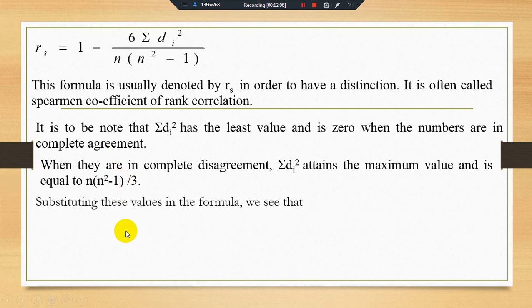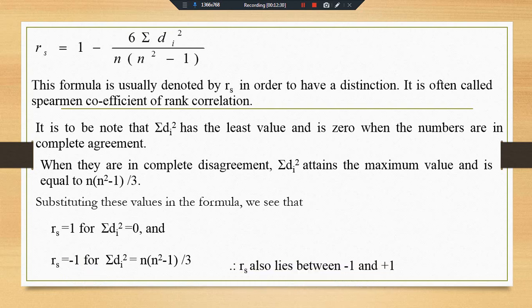So substituting these values into the formula, we see that rs is equal to 1 if di square is equal to 0, and if di square is equal to n into n square minus 1 divided by 3, then the rank correlation answer must be minus 1. So this shows that the rank correlation answer lies between minus 1 and plus 1, which is the same as the simple correlation or group data correlation outcomes.